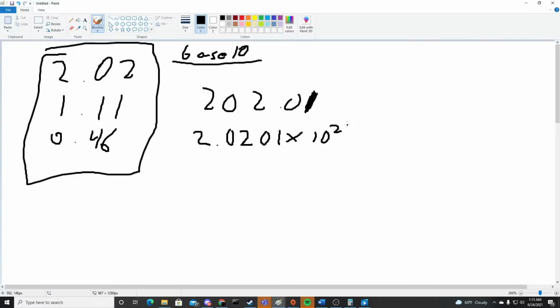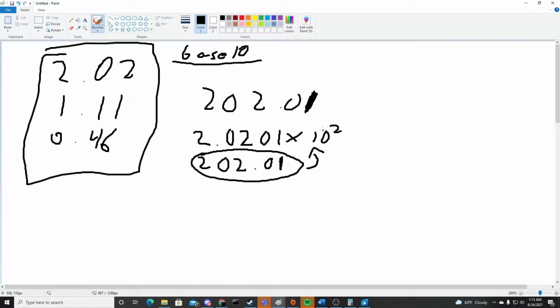If it's a negative number, you'd move the point that many places to the left. The decimal point, that is. So since in this case it's a positive 2, we would move it 2 places to the right. So this number would actually be 202.01. This number here, 202.01, equals this. This is just its scientific notation representation.